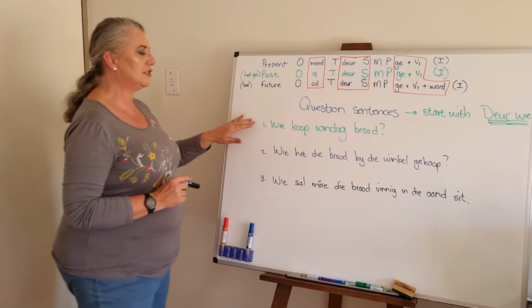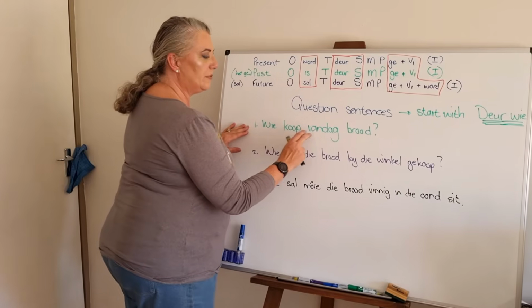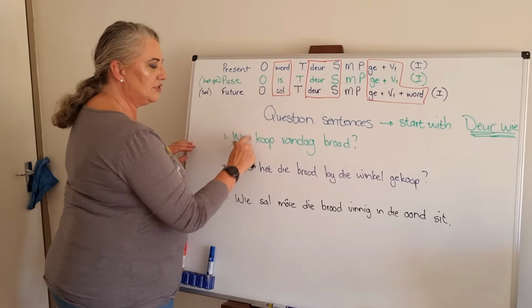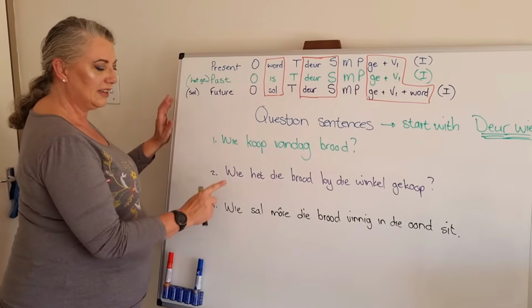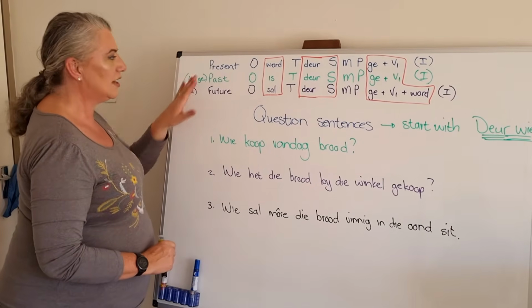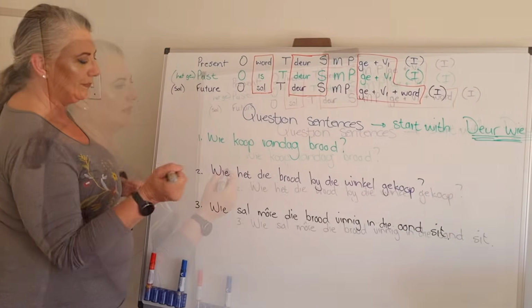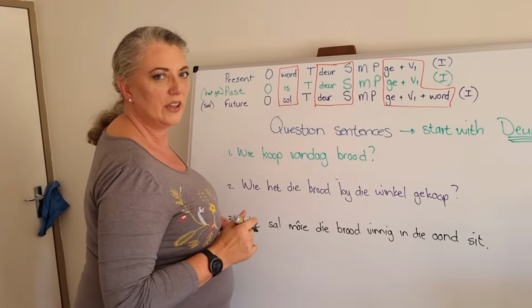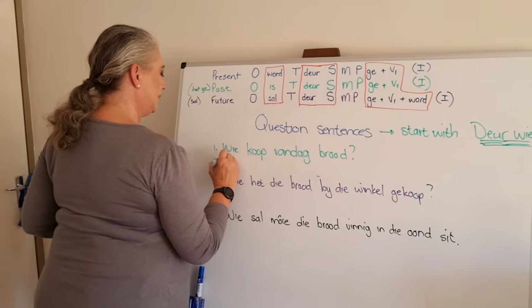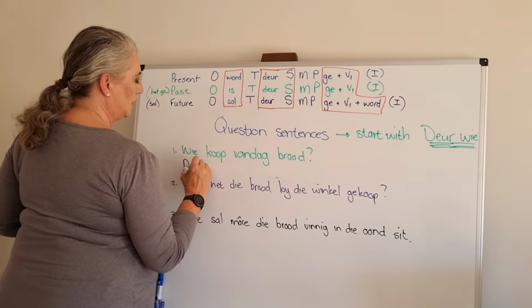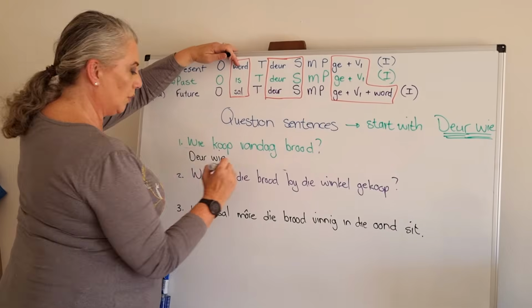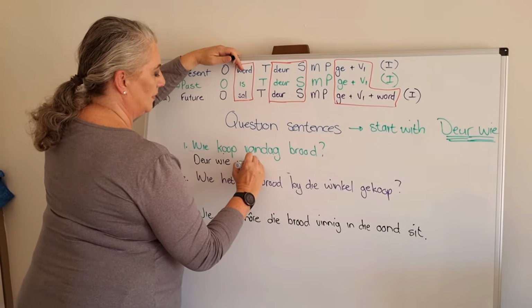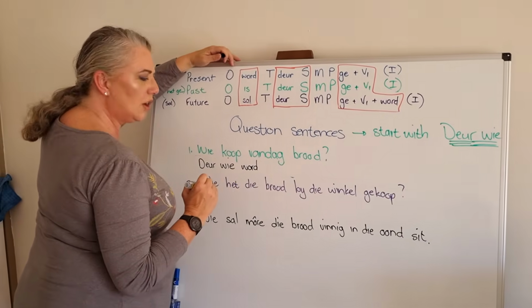Let's have a look at the first sentences. Wie koop vandag brood? Can you see this is in present tense? There is no het, there is no sal. So let's follow the first one. We start with deur wie. What comes next? Word. We have to put in an object.